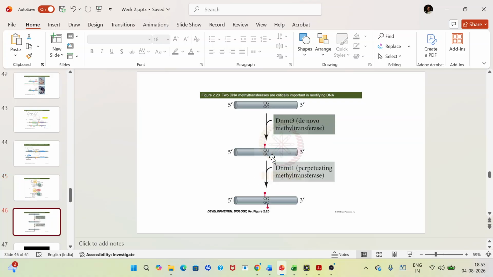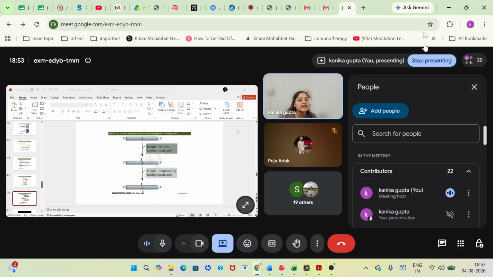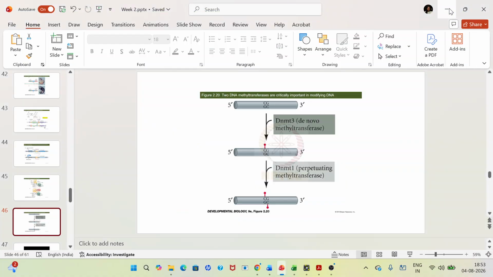So again, obviously the methylation and the acetylation can sometimes be inactivating, and sometimes activating, depending upon at which position they are, in which gene they are, what is the requirement of the cell. So there are many factors that decide what will be the role of methylation or acetylation, or whether it is on the histone tail or on the DNA. That totally depends upon what kind of expression of that particular gene is.